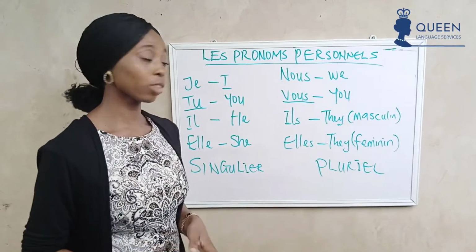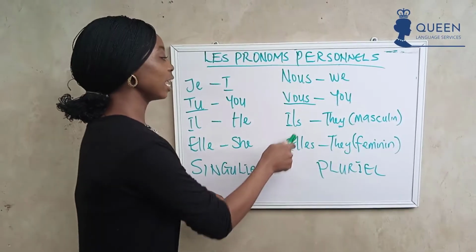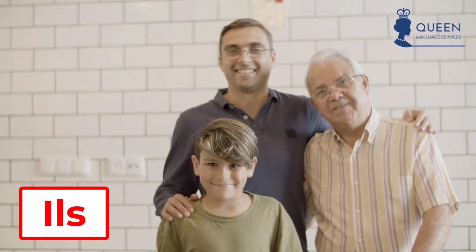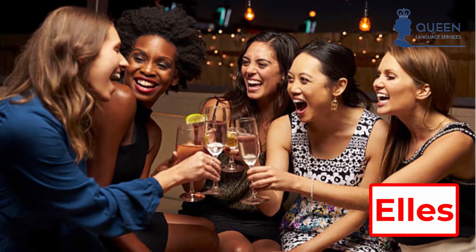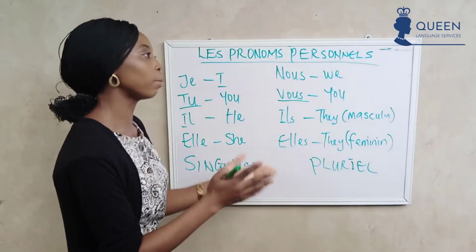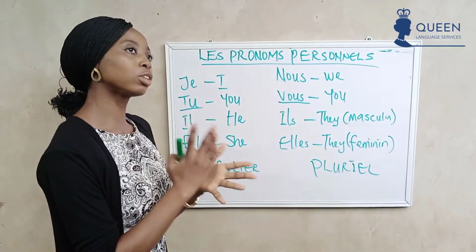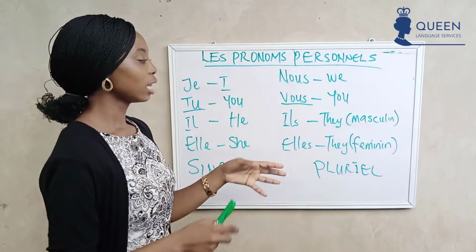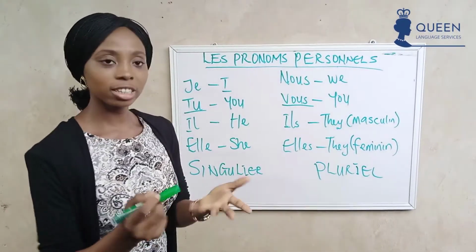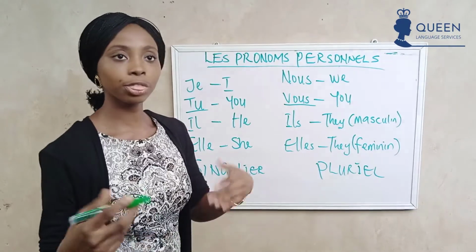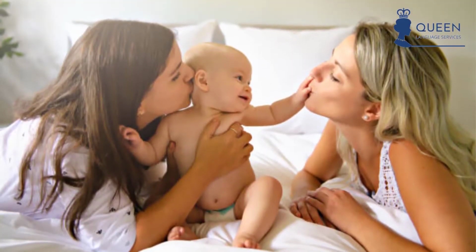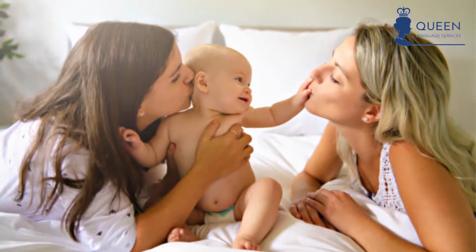Okay, so it is quite important for us to note that ils is for masculine plural when they are merged. Elles is for feminine when they are merged, for the feminine gender. But note, French people take this gender stuff very seriously. For instance, let's imagine that we have 3 females here, even if they are elderly persons, grandmas or someone elderly, and you just have a newborn baby and it's a masculine gender.